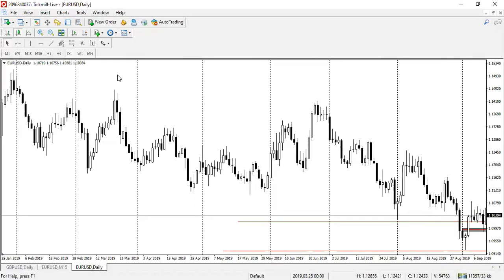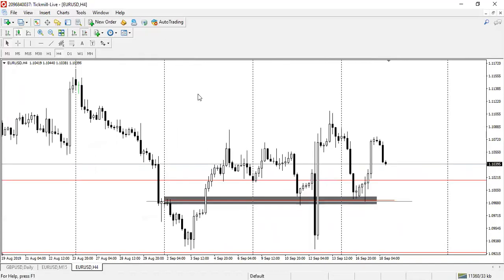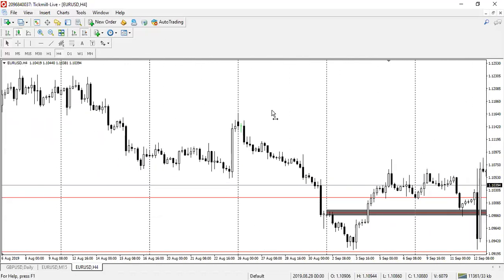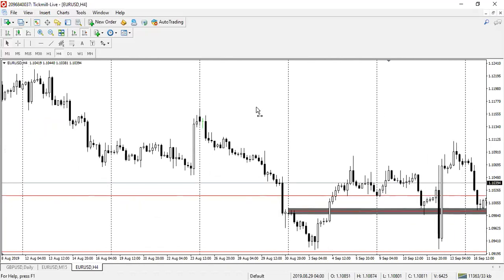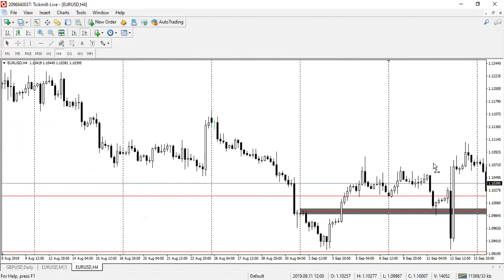Let me go down to the 4-hour time frame and see what we may come across. See how these huge candles, see how market makers are using these huge candles to confuse us? We shouldn't swallow the bait.